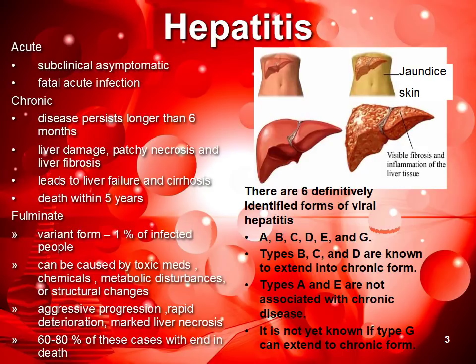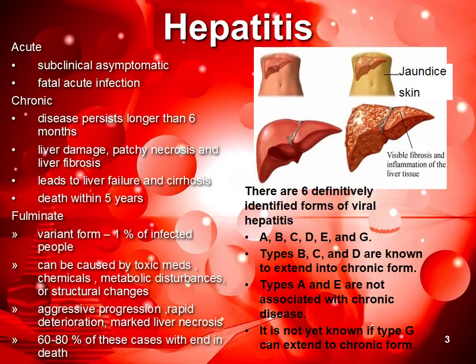It can be caused by toxic medication and chemicals, metabolic disturbances, or structural changes that alter the liver function. It usually develops within 8 weeks after the first symptoms of jaundice, and is characterized by aggressive progression of the disease, rapid deterioration, and marked liver necrosis.